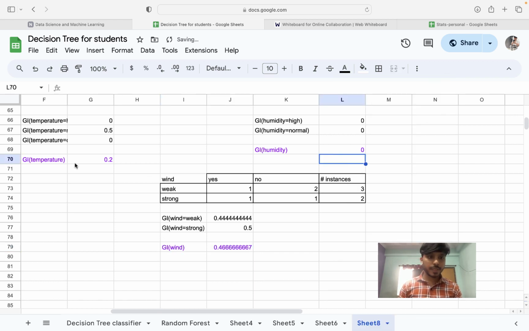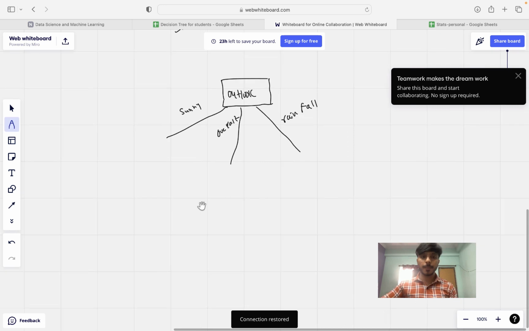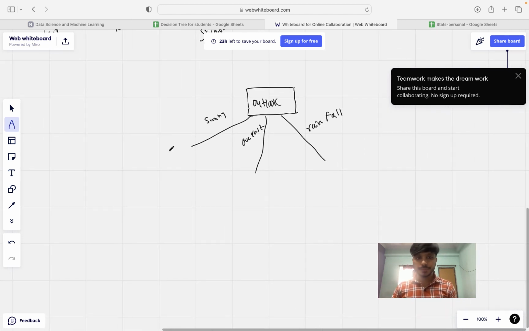Okay, so if you look at this, the Gini impurity of humidity is 0, right? So that will be my next node here. Humidity is the next node. So what are the two classes within the humidity?